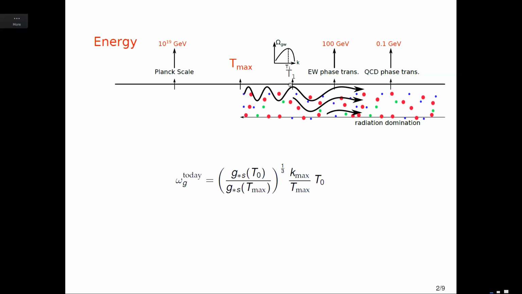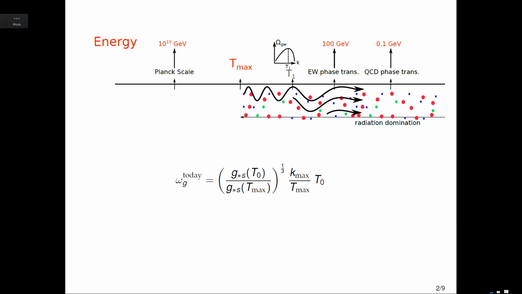What I just said in words is written down here as a formula. Consider the gravitational waves which are produced earlier on with Kmax. If you redshift them to the frequency today, this is done by this equation. You have to divide by the maximum temperature, and you have to multiply by these g-star functions evaluated at the temperature today and at the maximum temperature. g-star basically encodes how many relativistic degrees of freedom are in your plasma.